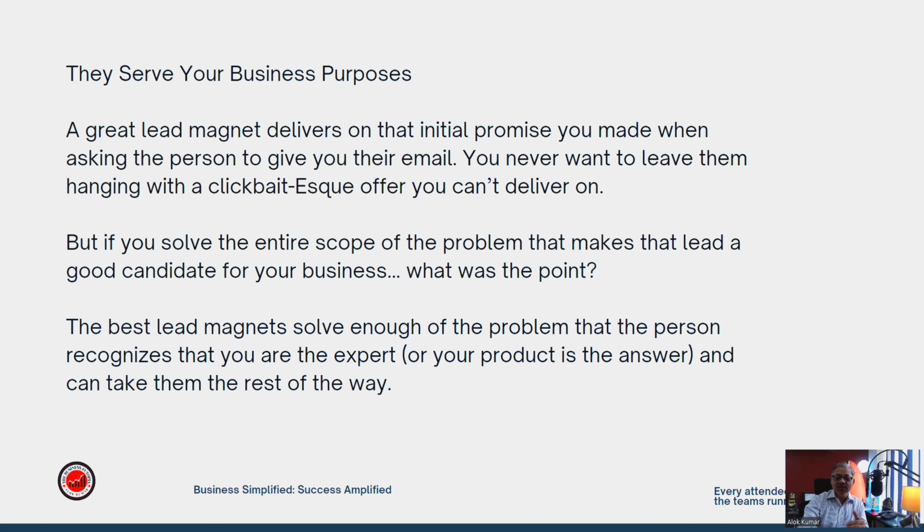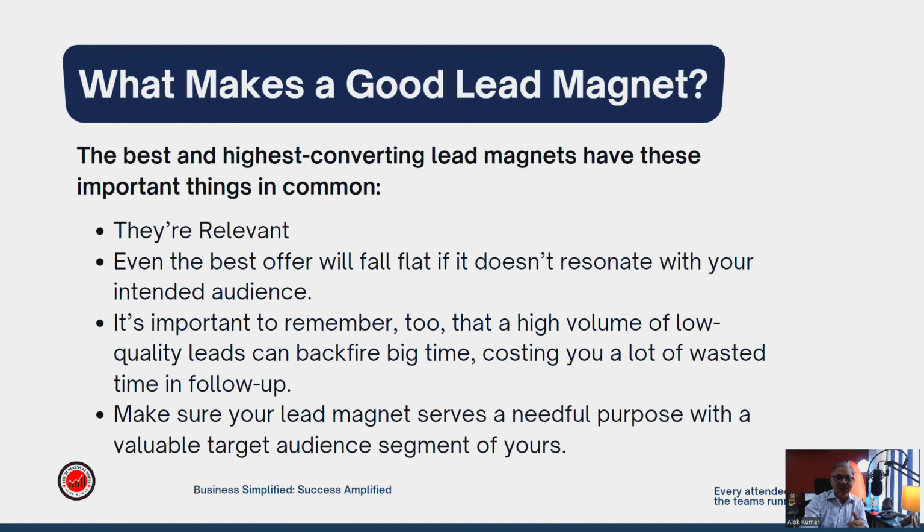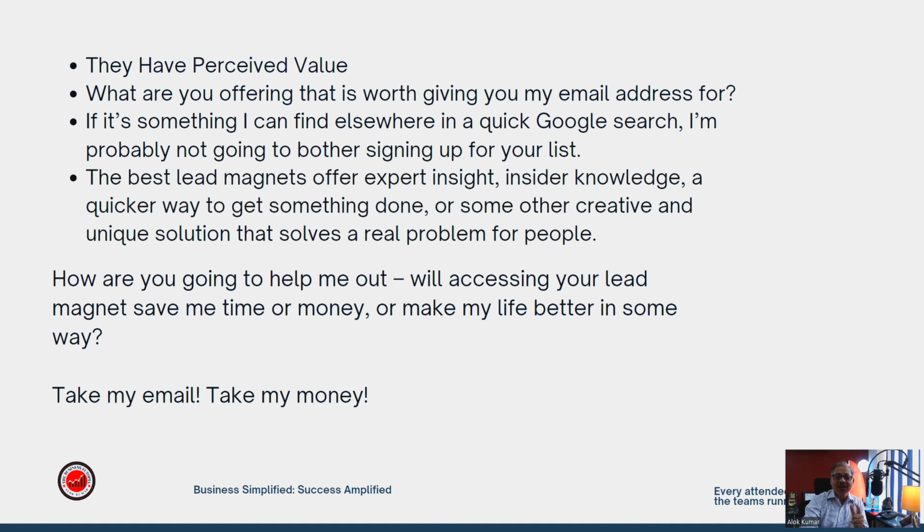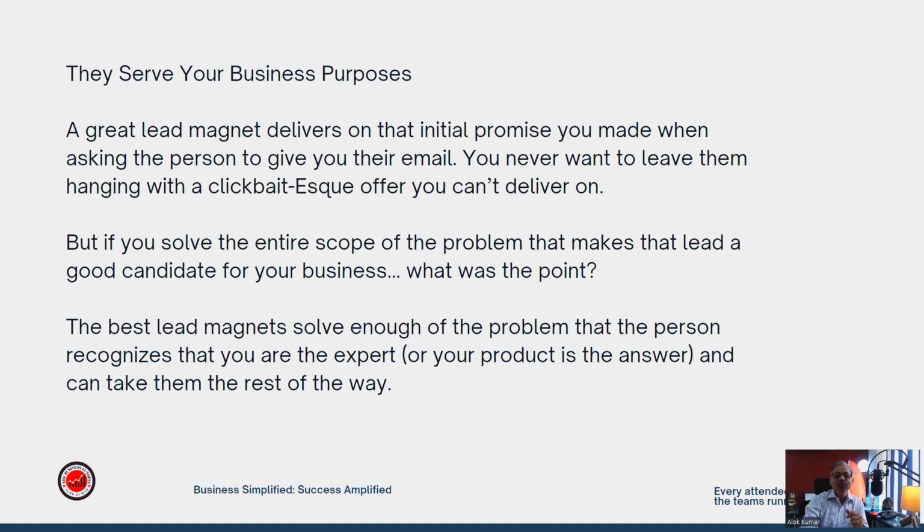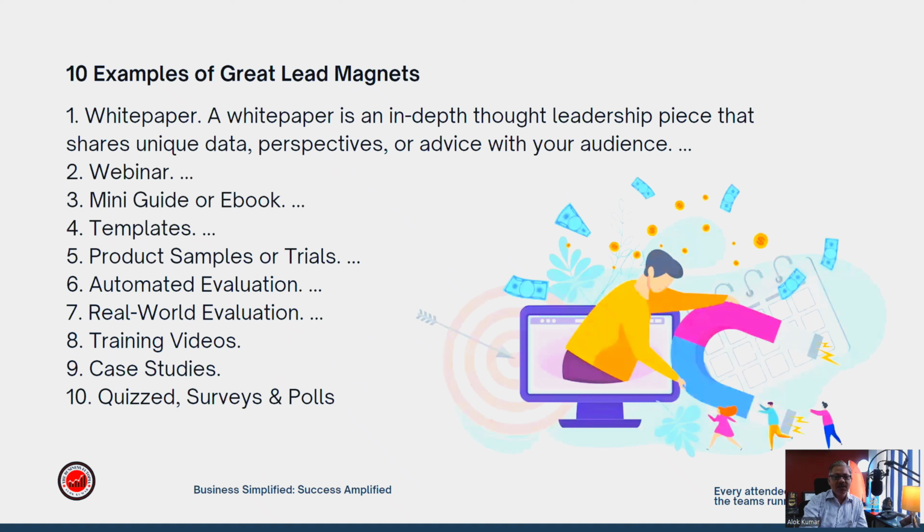So these are the 3 critical things, as I told, I'll repeat once again: number 1 is relevance, number 2 is they should have a higher perceived value, and number 3, they should be serving your purpose as well. So helping customers with a solution and solving a business purpose, that is the entire give and take relationship of a lead magnet, right?